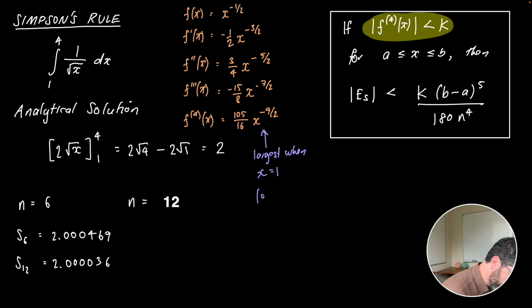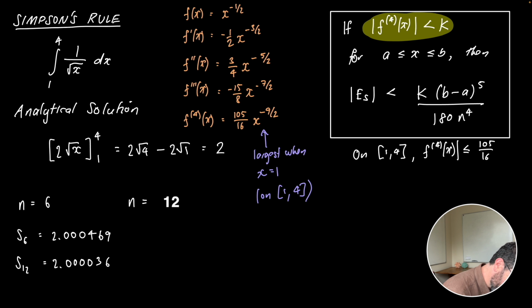This is when we're looking between 1 and 4. So what we can say is that on 1, 4, our fourth derivative is going to be less than or equal to, well, when x equals 1, then it'll just be 105 over 16.